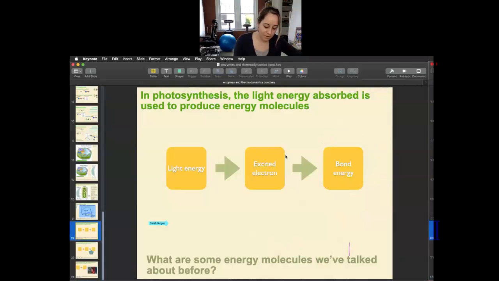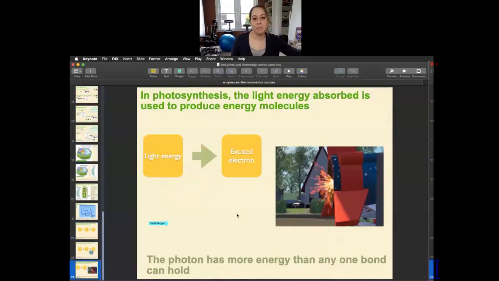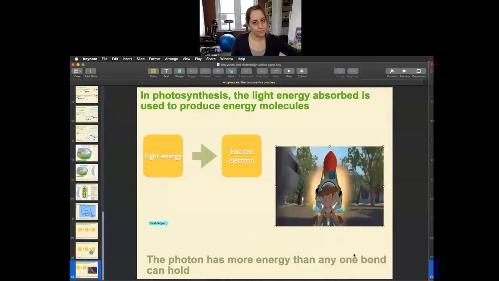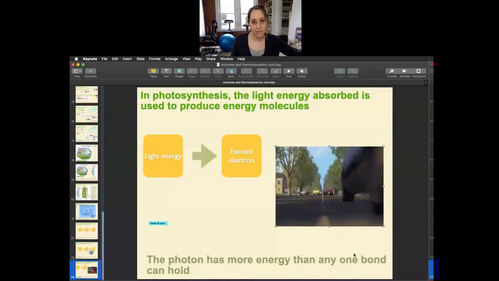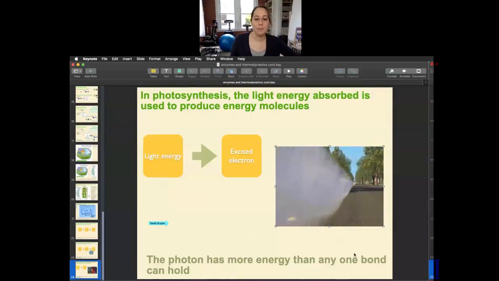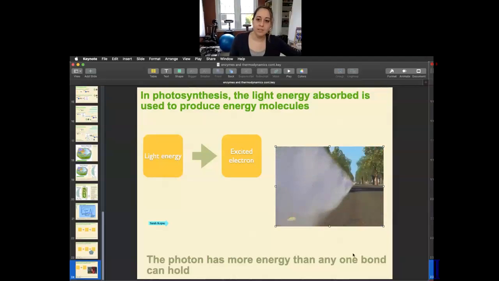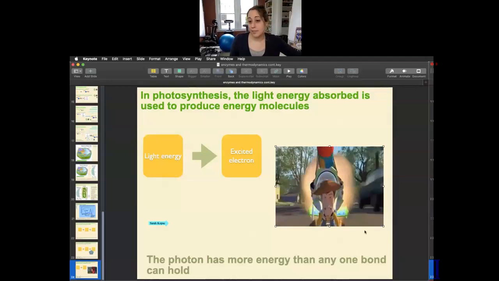It's because the amount of energy in a photon would be much too high for a single molecule to hold in its bond energy. So essentially, we would get this situation that we see in Toy Story. We would get a ton of energy put in a single bond, and that molecule would be out of control. So I'll leave it there for now.